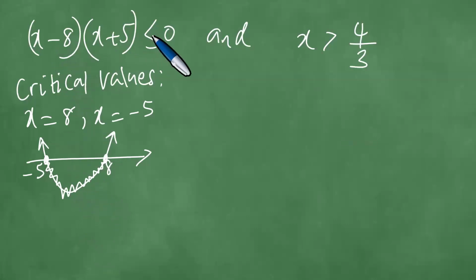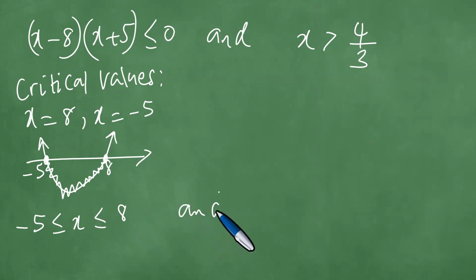When is this quadratic less or equal to 0? It is less or equal to 0 when x lies between minus 5 and 8, and x is bigger than 4 out of 3.